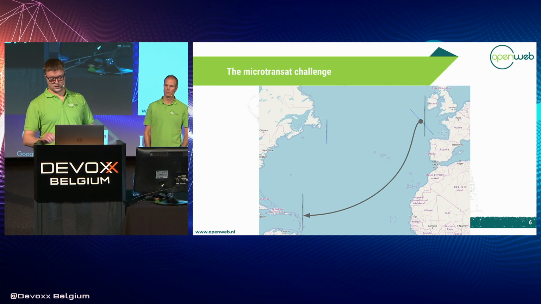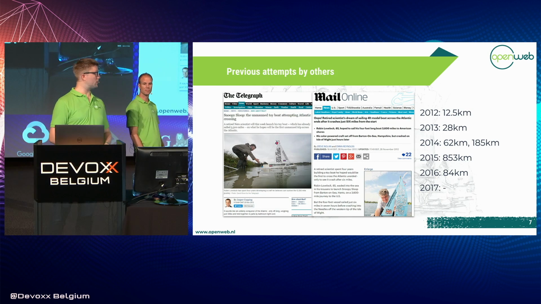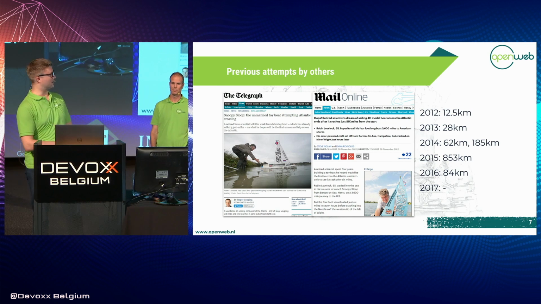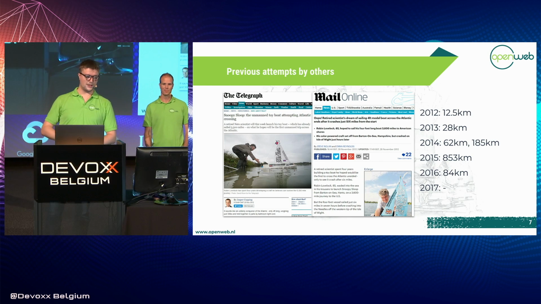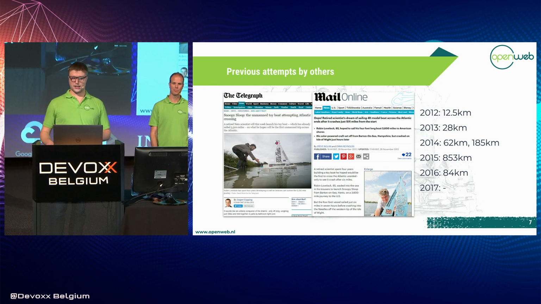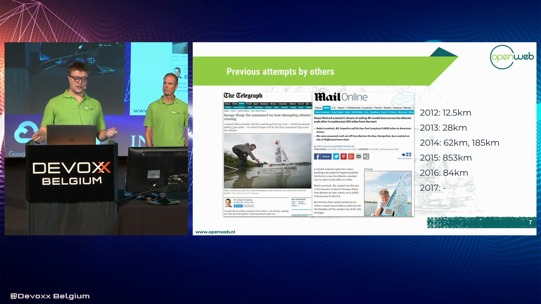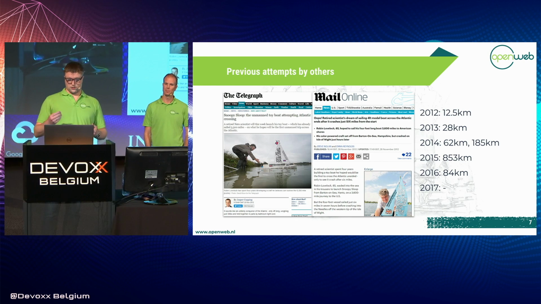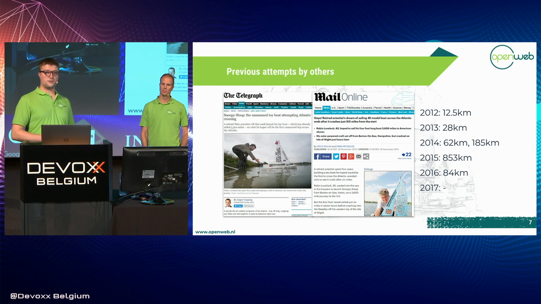This challenge has some participants, and one of the successful participants, at least in launching boats, is the team called Joker. They have launched around 8 boats, and they graduate on getting more mileage. Their longest one was about 853 kilometers.